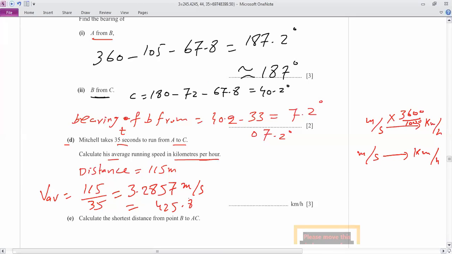Let me open my other calculator app. 3600 divided by 1000, so that would be 11.8. It's coming 11.8 kilometers per hour.